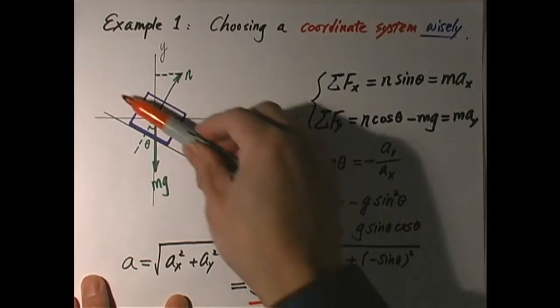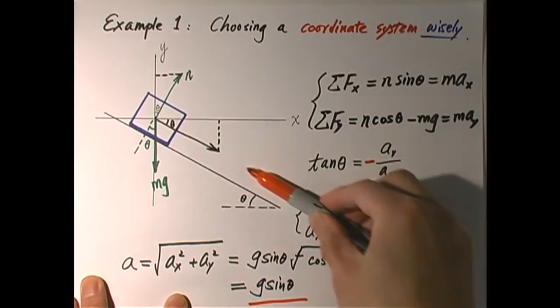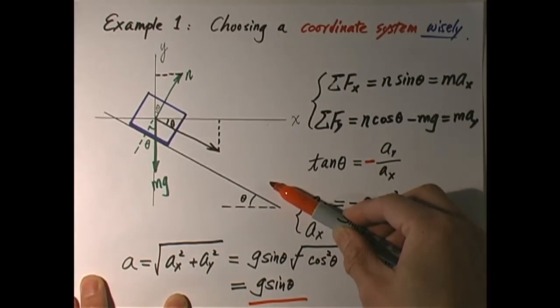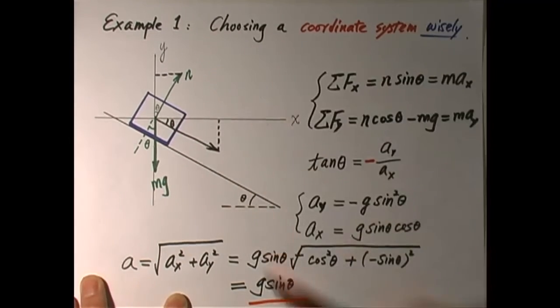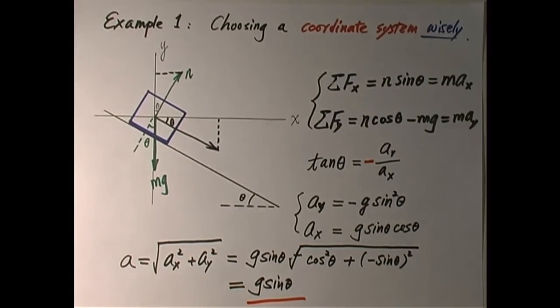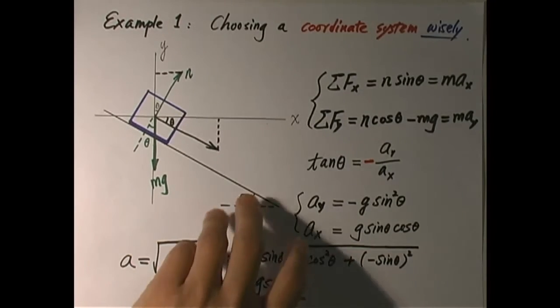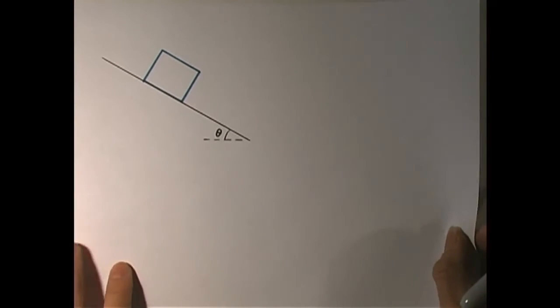That is, I'm going to choose one direction, which is the x direction, to be along the incline, another one to be perpendicular to the incline. Let's see if we get the same answer, and if we do, does it give us an easier way to find that answer? Well, let's see now. Suppose I redo this problem, but this time using a different coordinate choice.